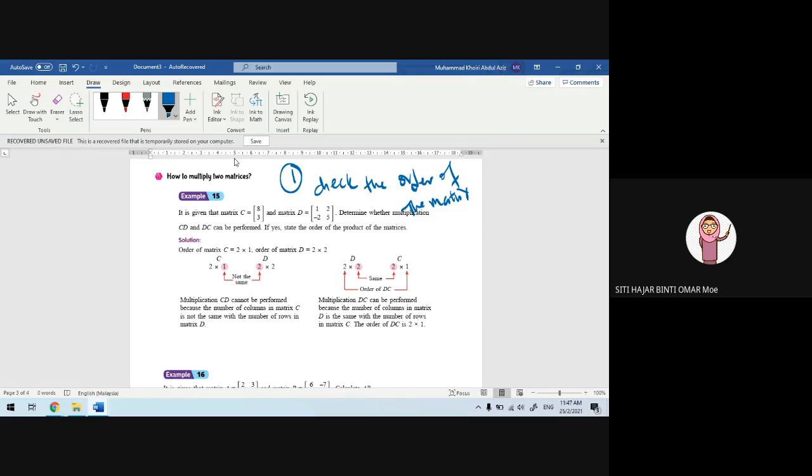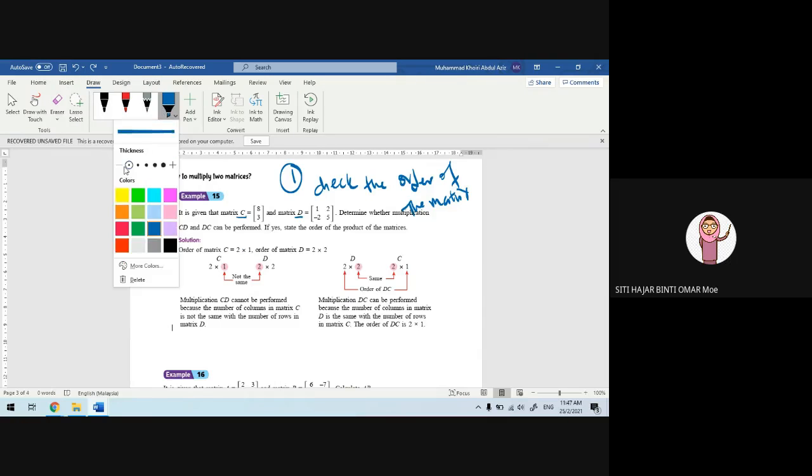Where is the same? Here, take a look at example 15. Okay, so we have matrix C and matrix D. Matrix C is 2 by 1. Matrix D is 2 by 2.